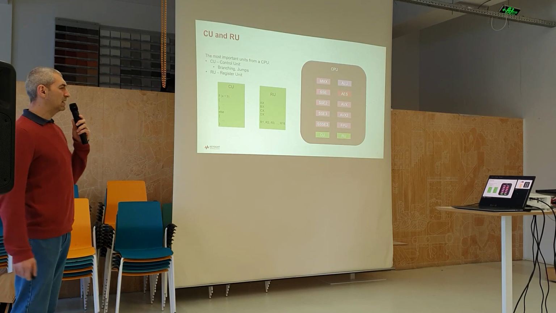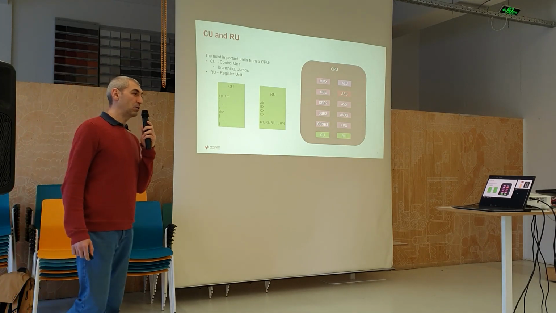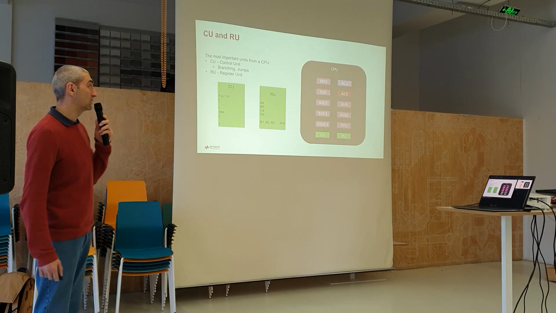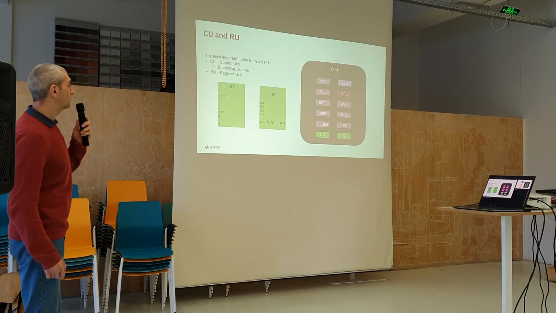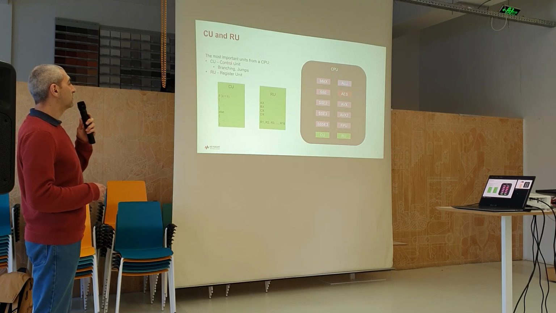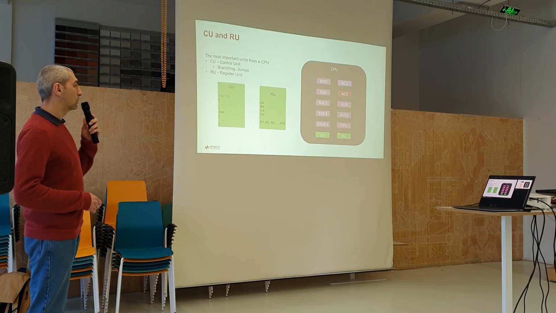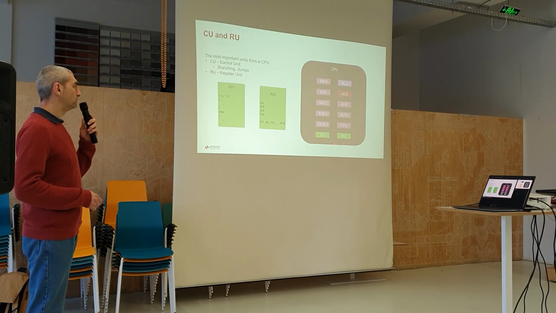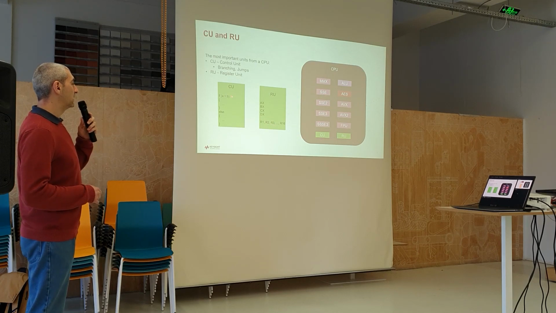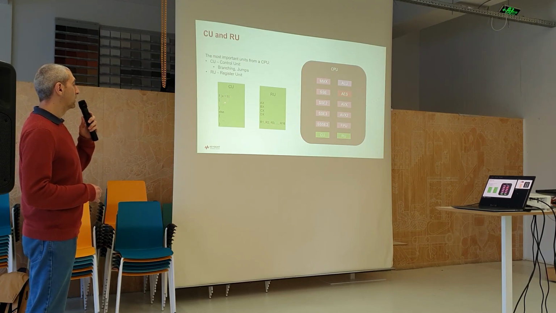Okay, now a little bit of computer introduction and how computers can run our programs. Well, it might be that the most important units in a CPU might be the so-called control unit, CU, and the register unit. The control unit is used by our program to make decisions.